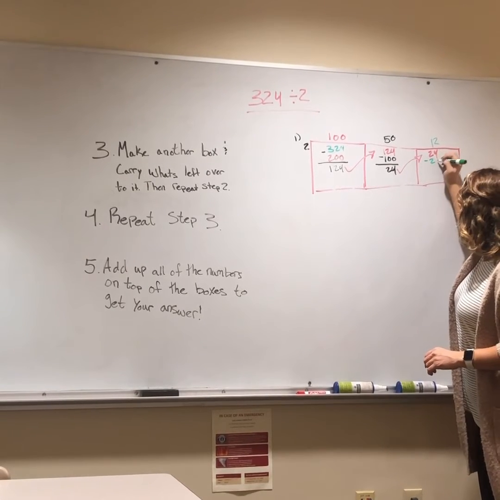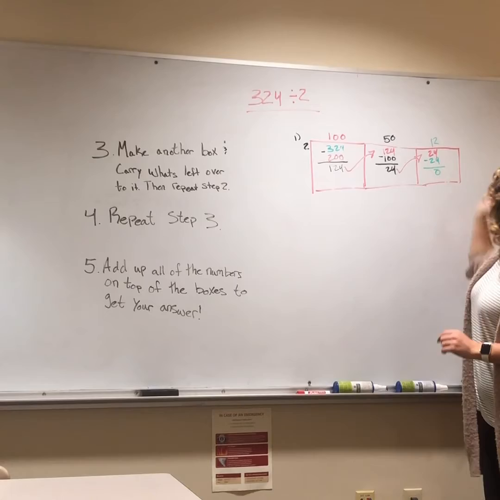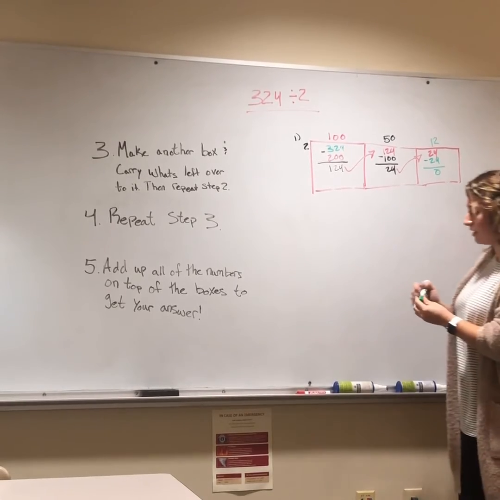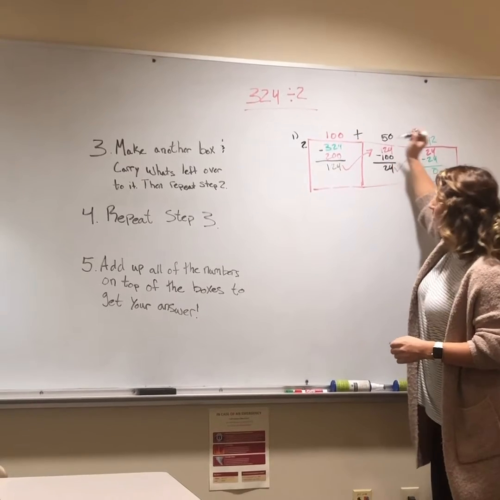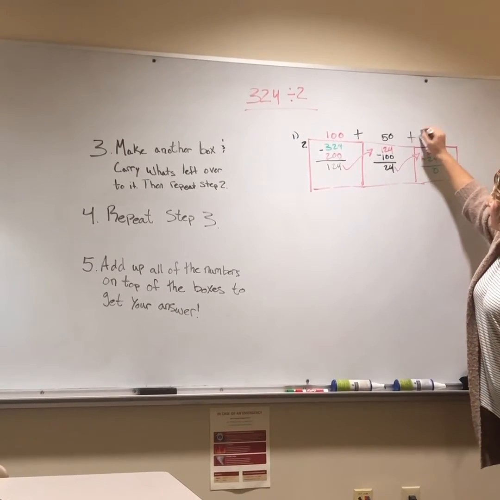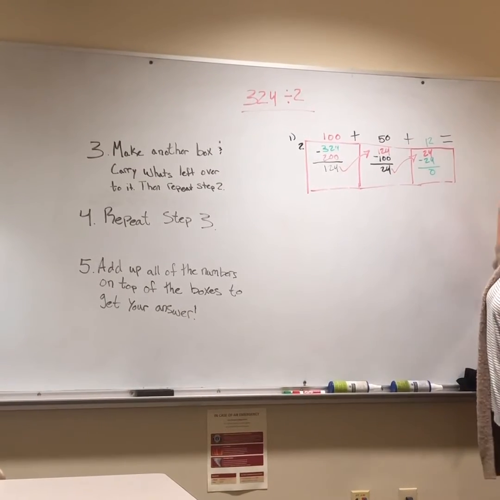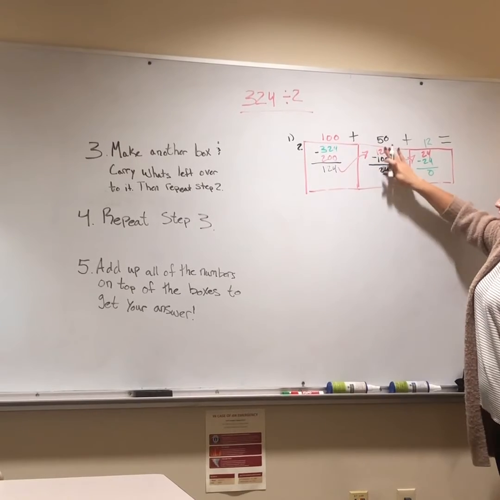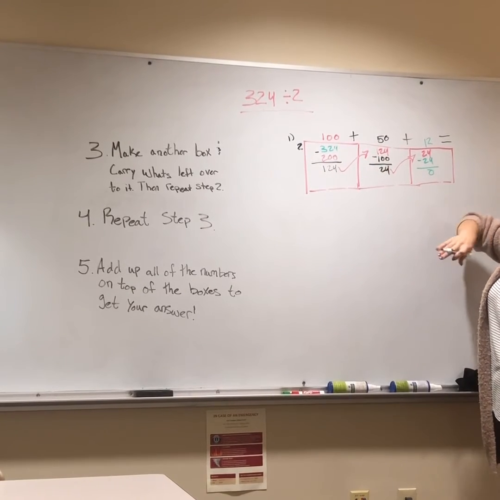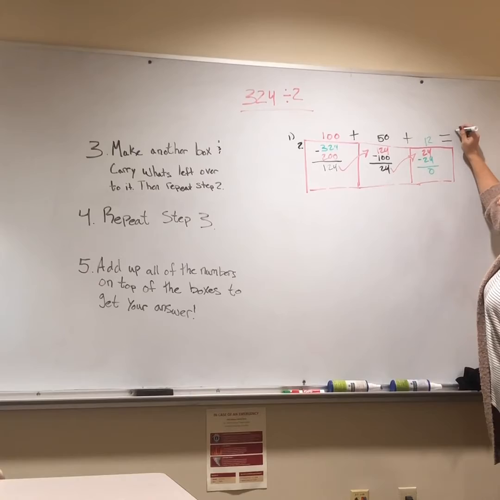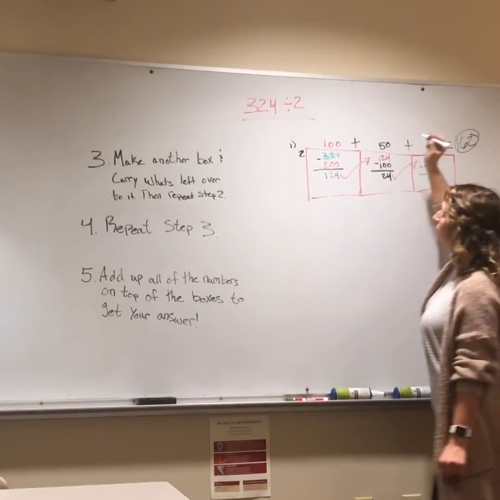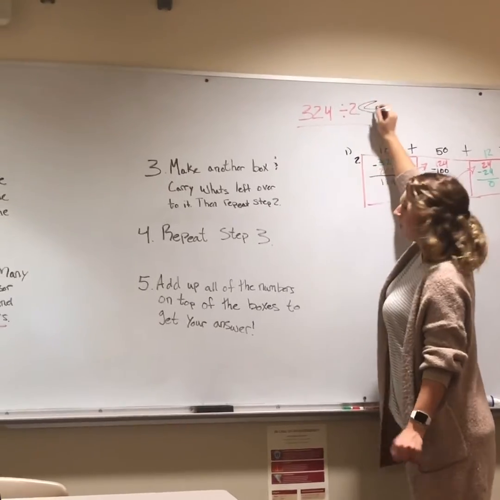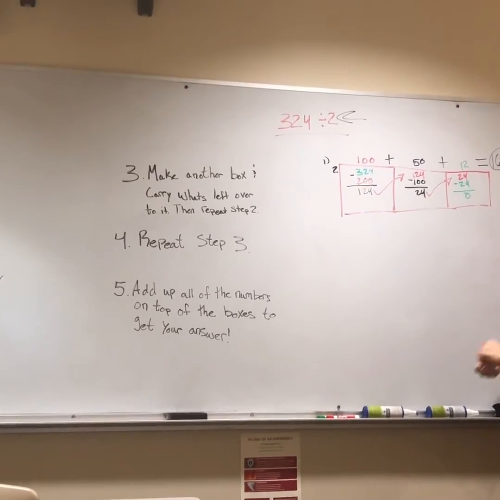So then we get 0. So then, to get our answer, we're going to add up all of the numbers. This is step number 5 on the top. So we'll do 100 plus 50, that makes 150, then plus 12, which makes 162. So that is our answer to that equation.